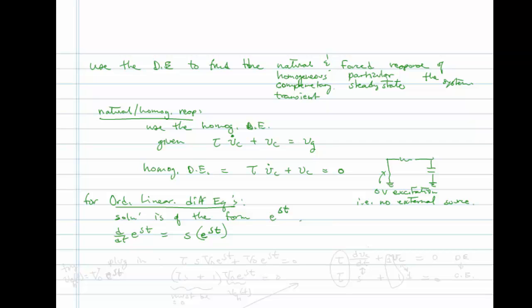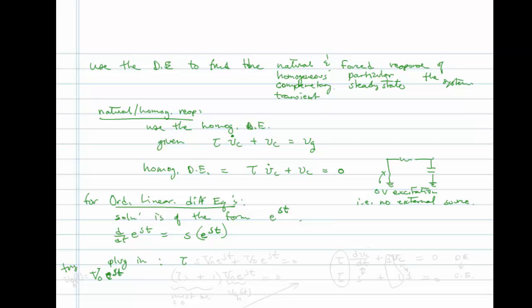So we can plug this in, we can try it. I'll have tau times the derivative of e to the st. So let's plug in e to the st as a solution. In fact, let's call it V0 times e to the st. I want to assume that's my assumed solution for VC.